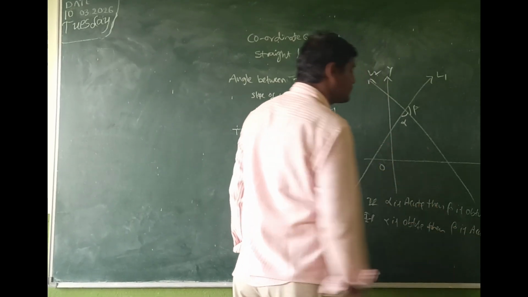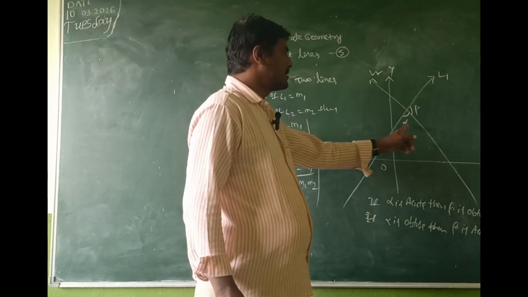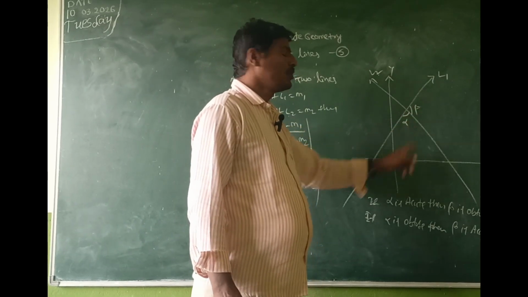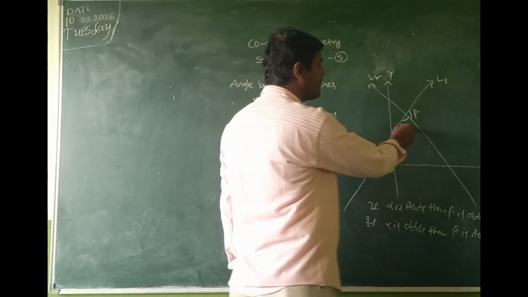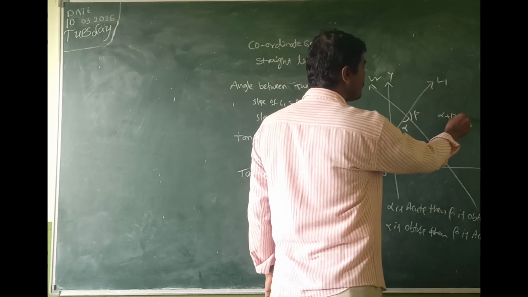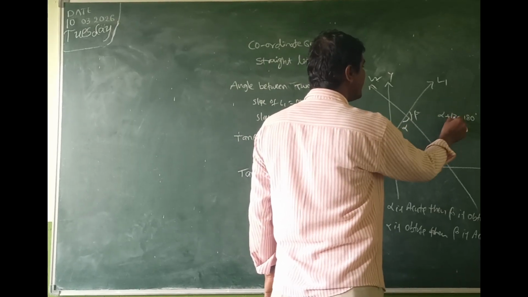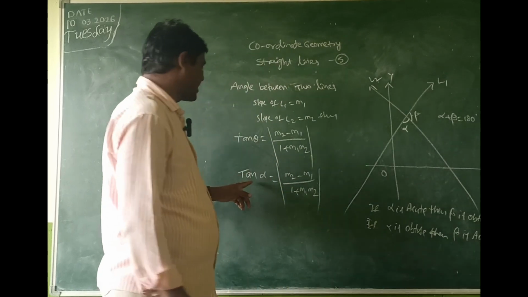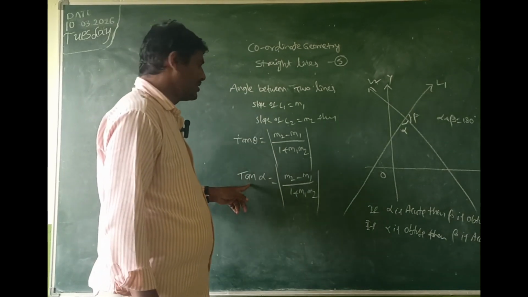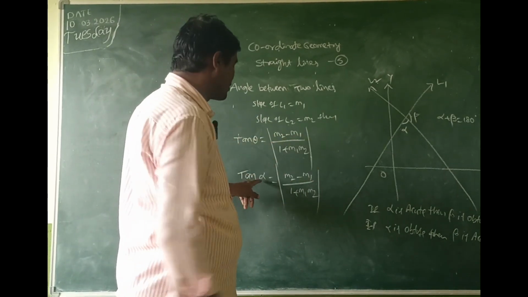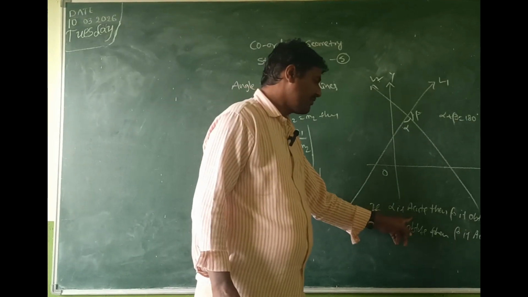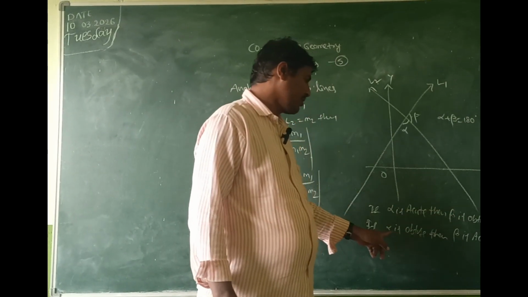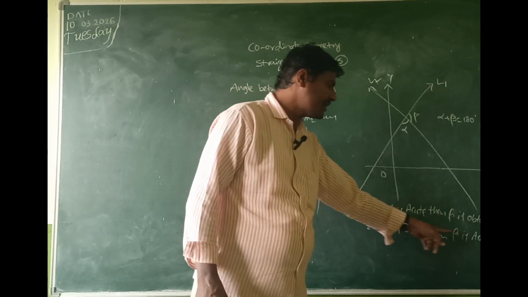Why? Because the sum of the two angles equal to 180 degrees, alpha plus beta equal to 180 degrees, as they form a linear pair. That's why we take tan alpha as positive. If alpha is acute, beta is obtuse, and if alpha is obtuse, then beta is acute.